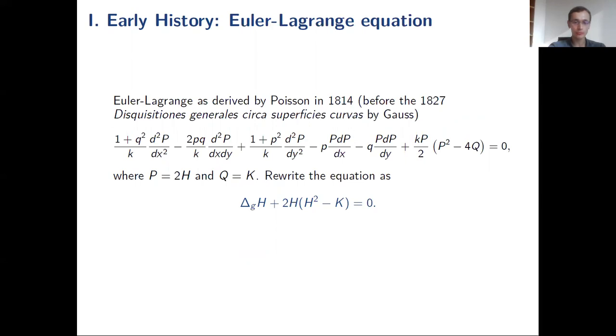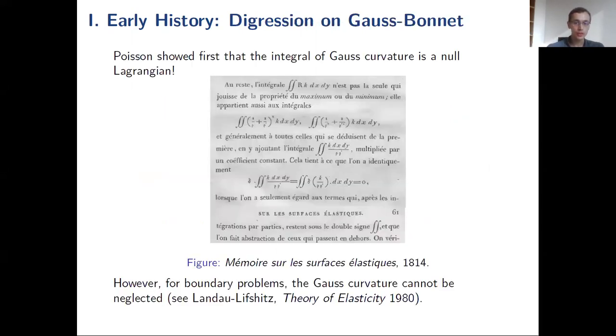An interesting question is to know why did they only consider the integral of the mean curvature to the square? They could have used some factor containing the Gauss curvature. And the explanation is that Gauss had found that the first variation of the Gauss curvature is equal to 0.